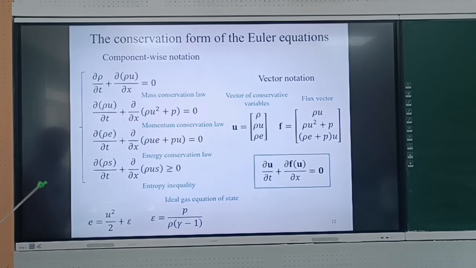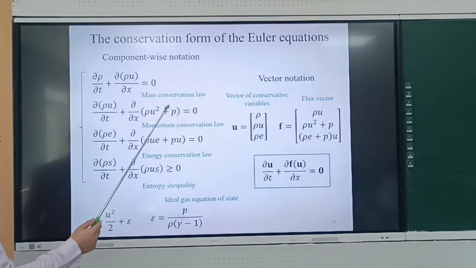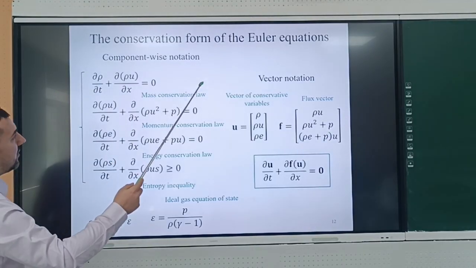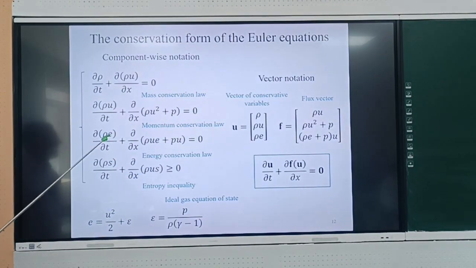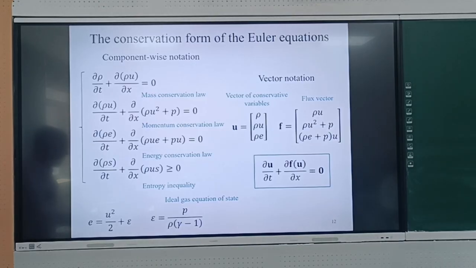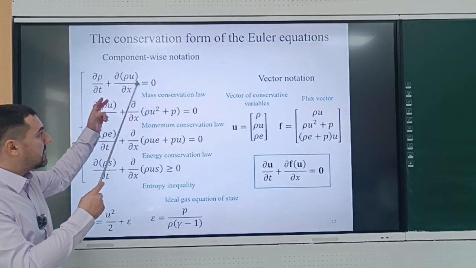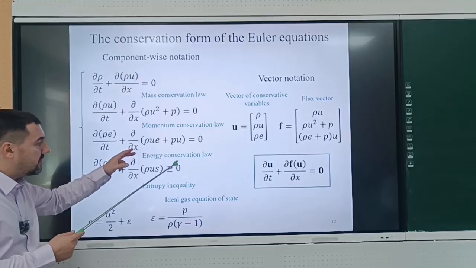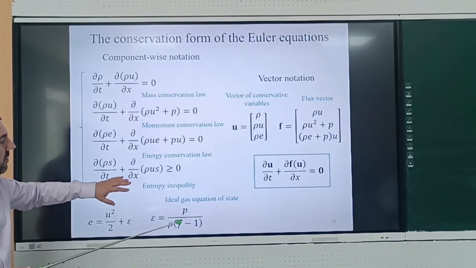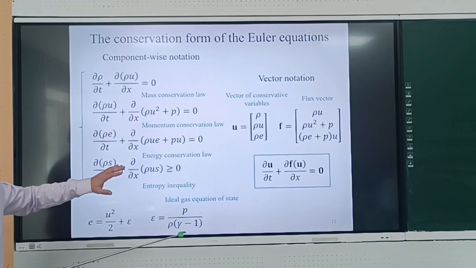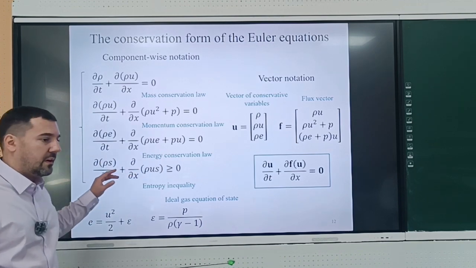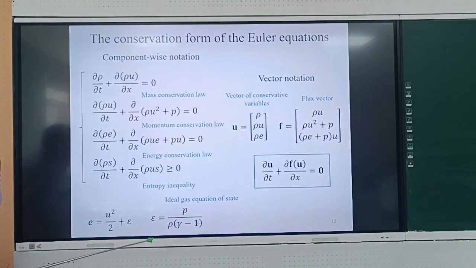In the first lecture and the second lecture we discussed the component-wise notation of the conservation form of the Euler equations. Conservation form means, first, differential form, and second, differential form written in the form of conservation laws: mass conservation law, momentum conservation law, energy conservation law, and also the entropy inequality, which is not written but implied.